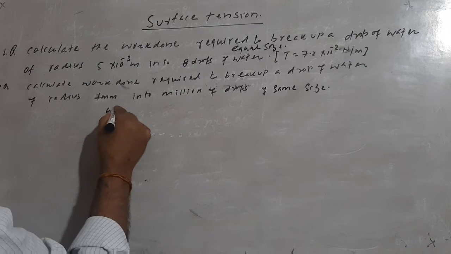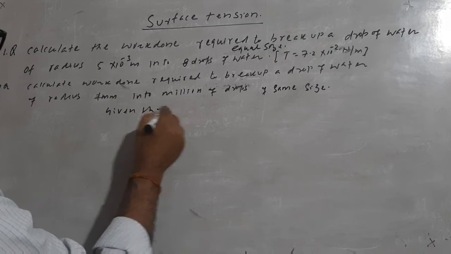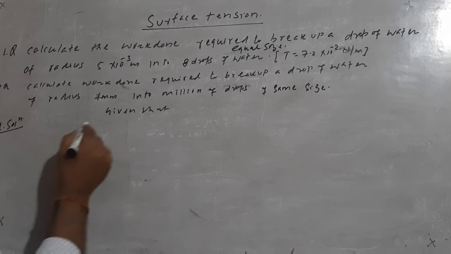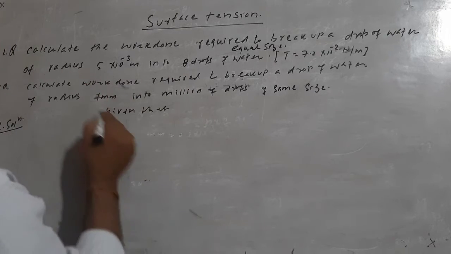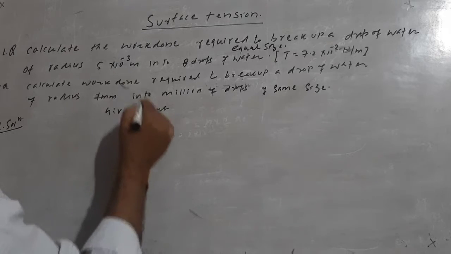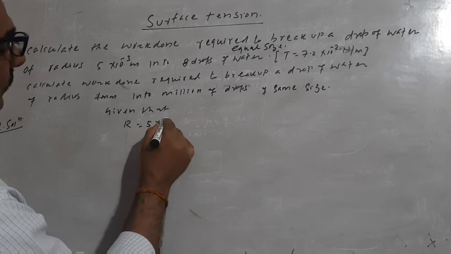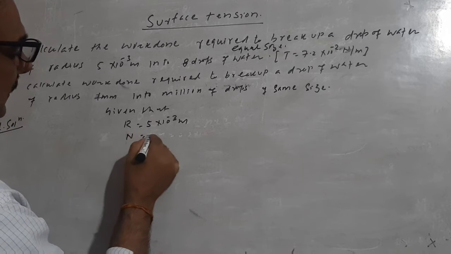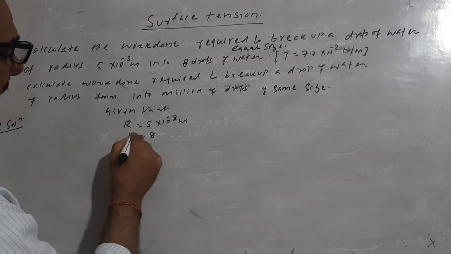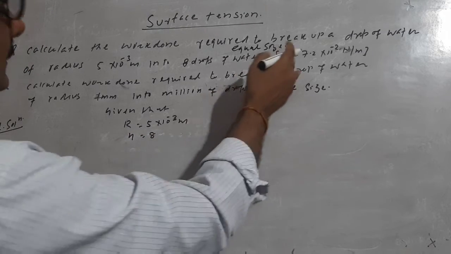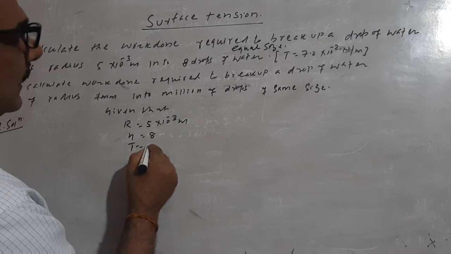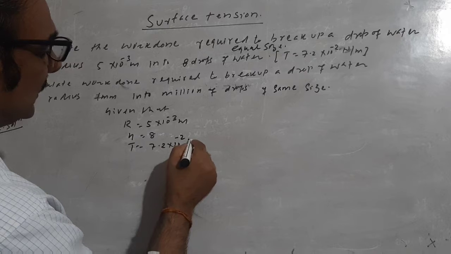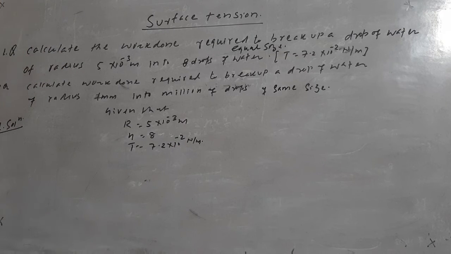Solution number one. Given data: capital R, the radius of the bigger drop, is 5 into 10 to the power minus 3 meter, and the number of drops n equal to 8, and the surface tension is equal to 7.2 into 10 to the power minus 2 Newton per meter.